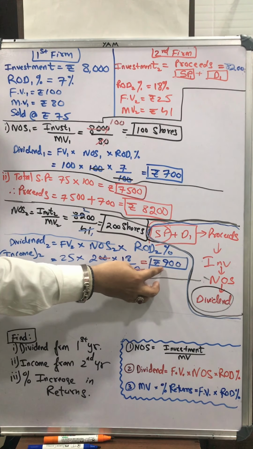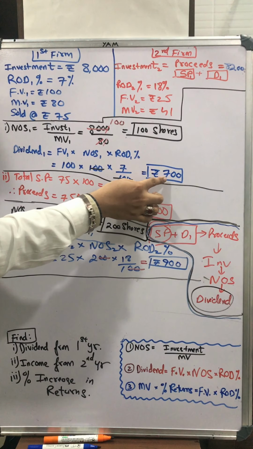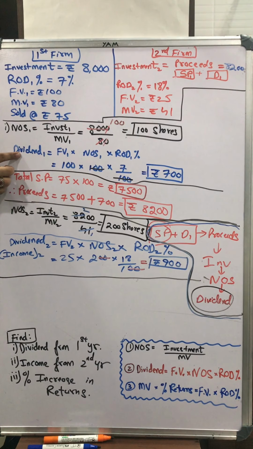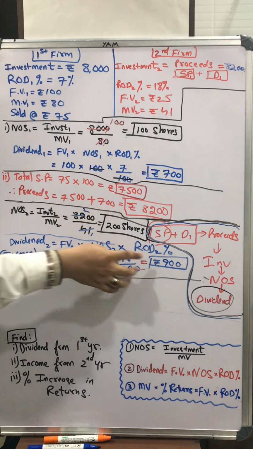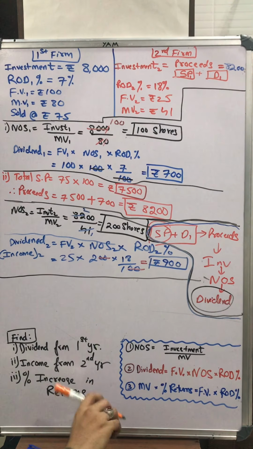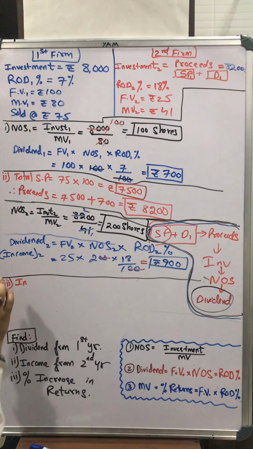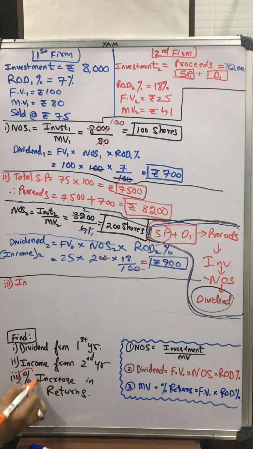So 900 was the income or return from the second firm, and 700 was the income or return from the first firm. So the increase in return will be 900 minus 700. It is nothing but 200. So for the third case, I'm not finding percentage first. I'm just finding increase.